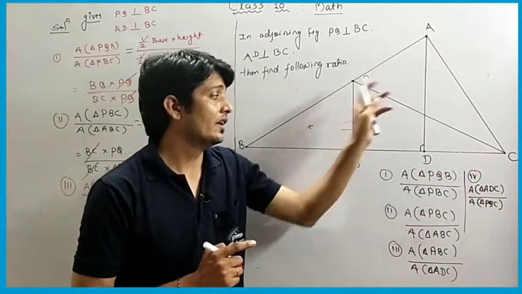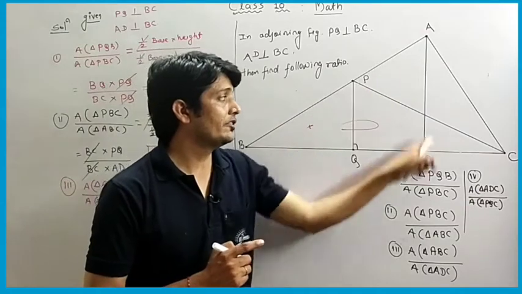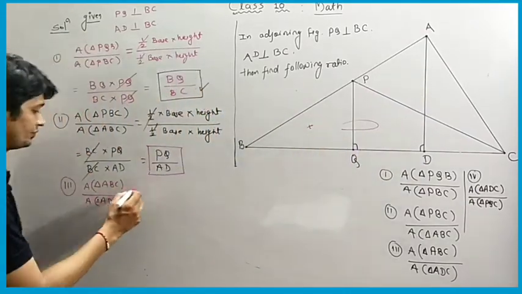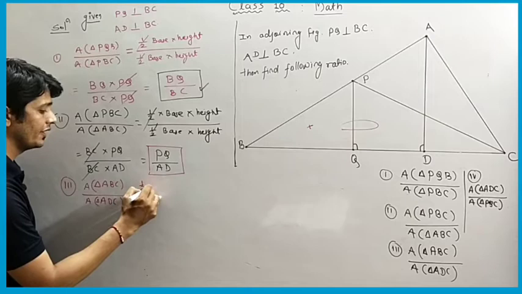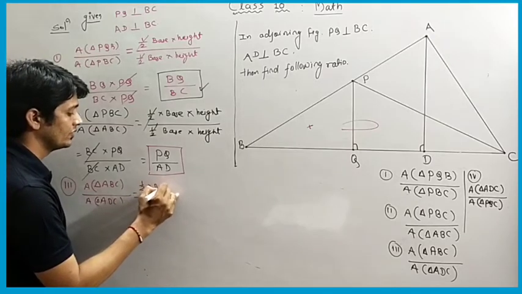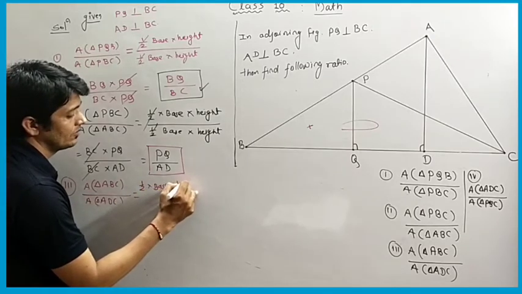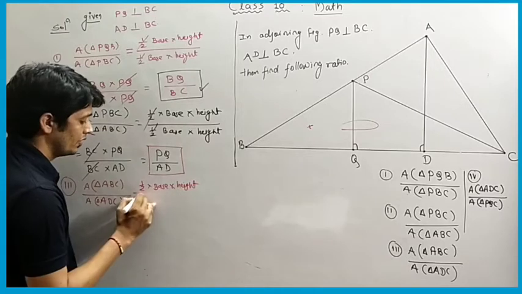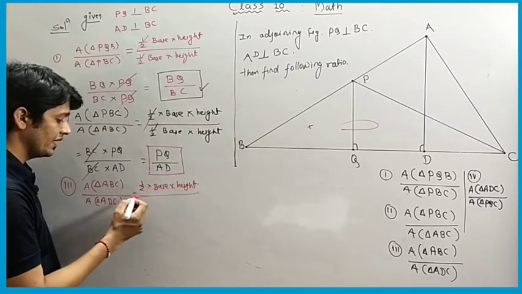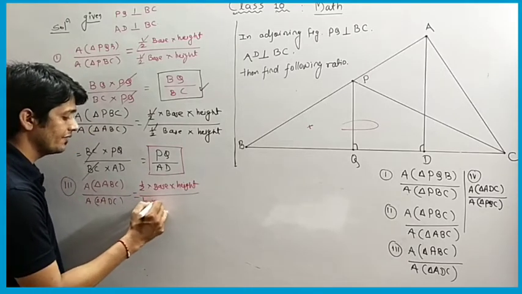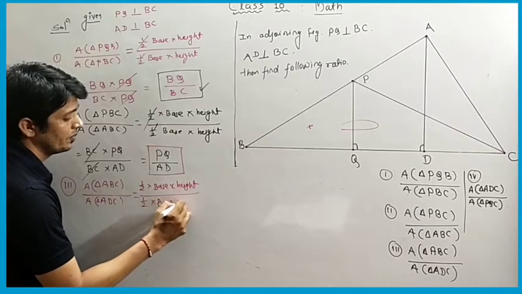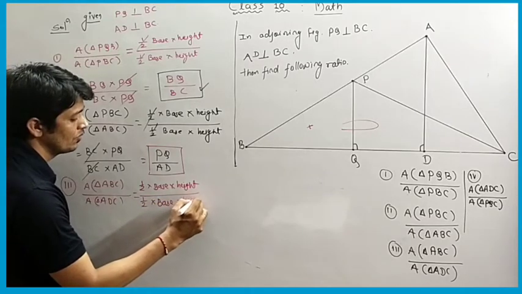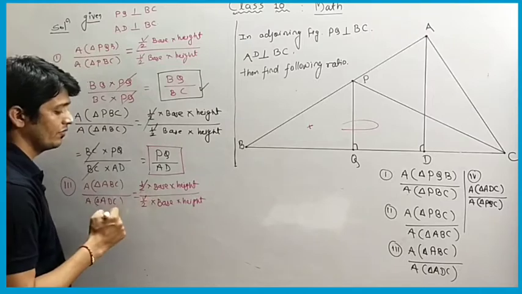Again, half into base into height, divided by the area of triangle ADC, which will be again the same, half into base into height. Again half and half will get cancelled.